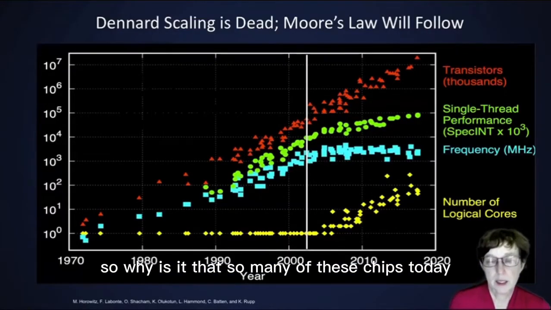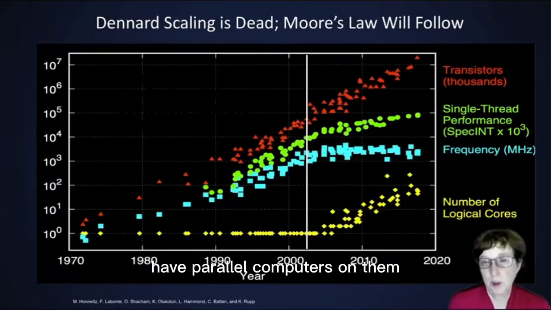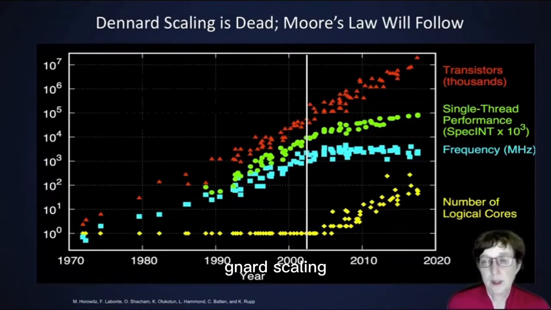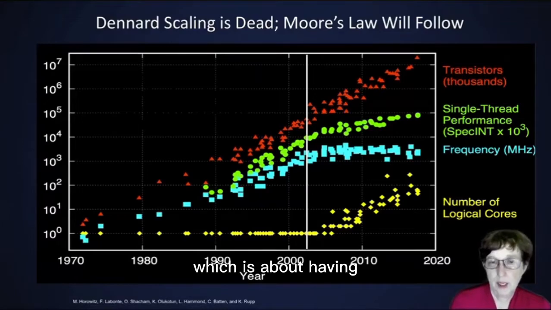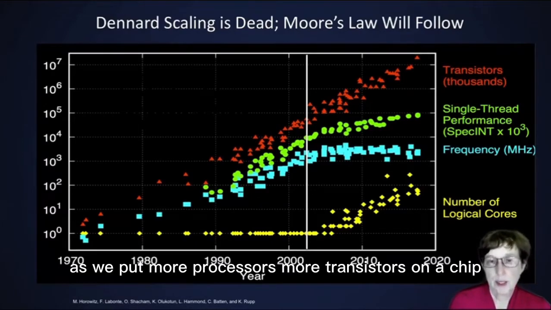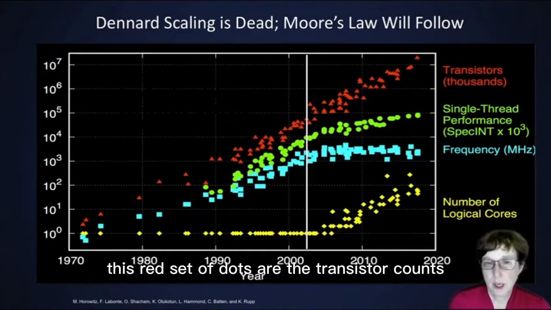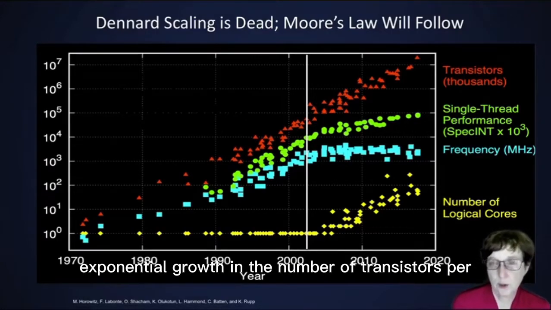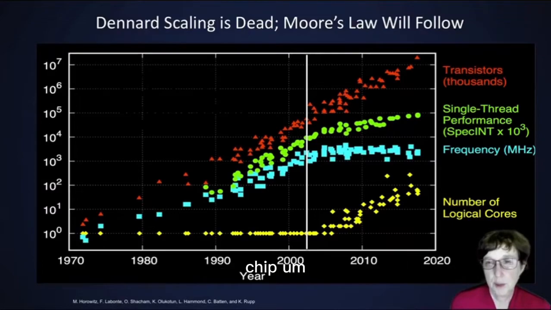So why is it that so many of these chips today have parallel computers on them? It's really related to Dennard scaling, which is about having, as we've put more transistors on a chip, the ability to make them faster. This red set of dots are the transistor counts going up over time. Notice the log scale, so exponential growth in the number of transistors per chip.